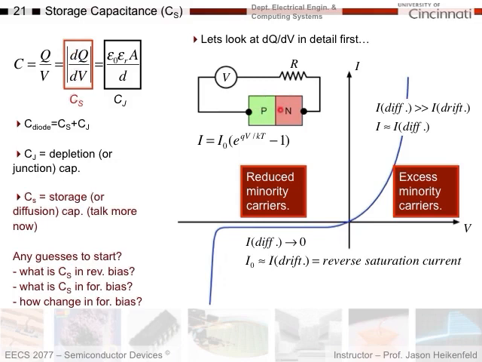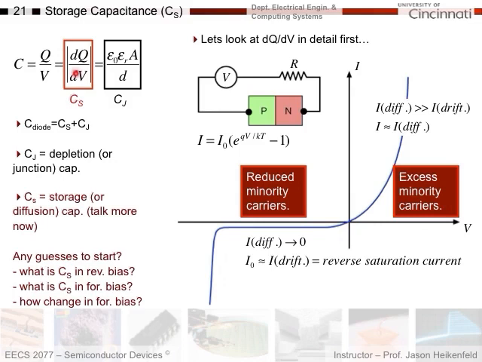And remember, when you pour the charge over to this side and the charge over to this side, these holes become minority holes, these electrons become minority electrons, and in reverse bias I have reduced minority carriers, and in forward bias I build up an excess of minority carriers on either side. And so I can already see that I'm getting a dQ in terms of the minority carriers changing for a dV.